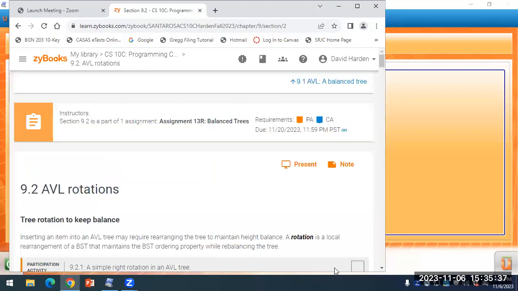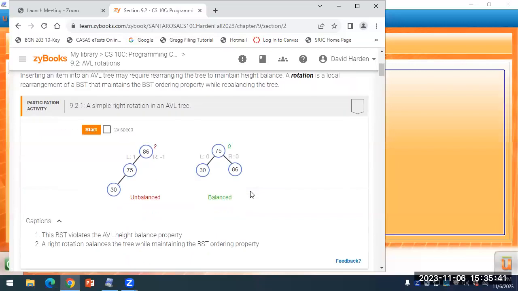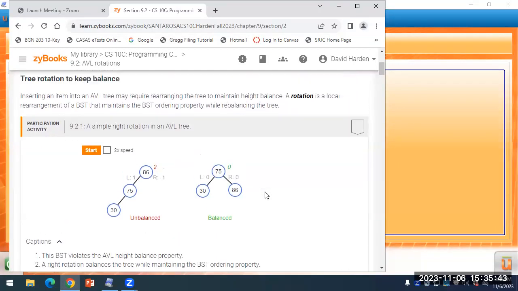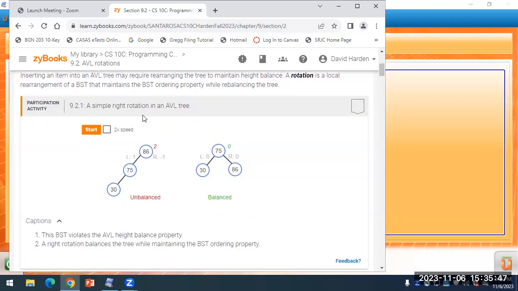Let's talk a little bit about rotations. So here's your first AVL rotation. You can rotate right or you can rotate left. In this picture, we're rotating at the 86.